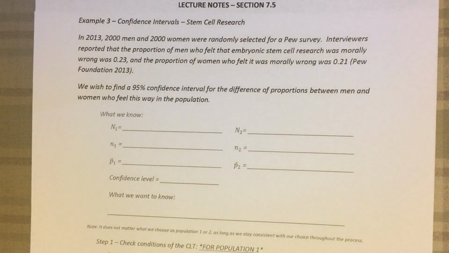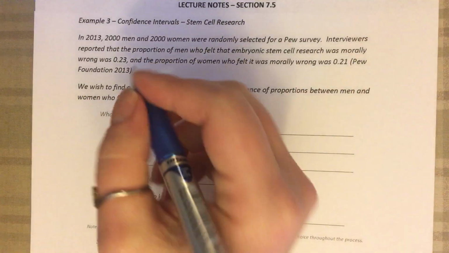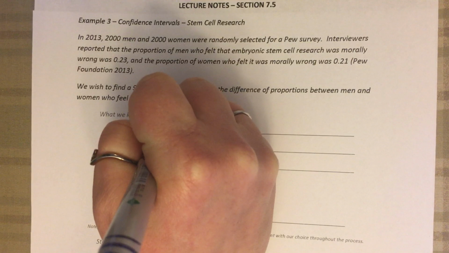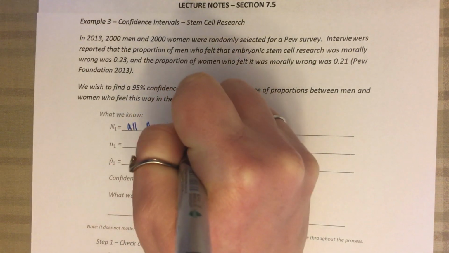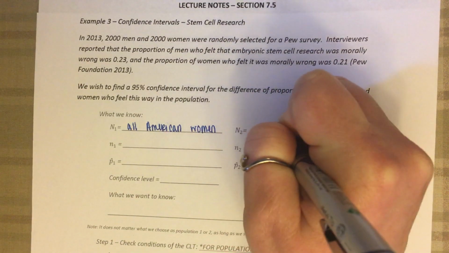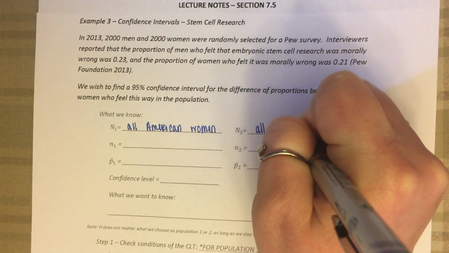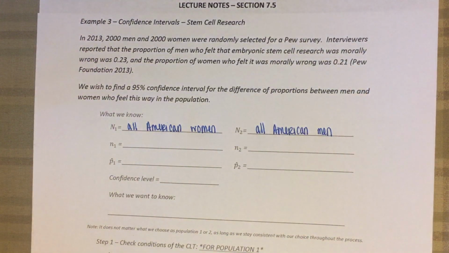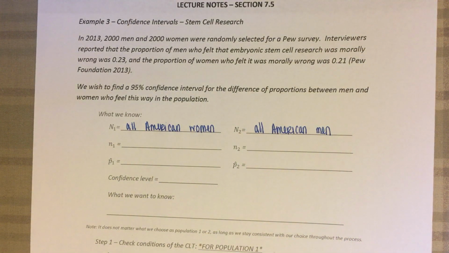So we're going to pick something for our two populations. And it doesn't matter which one we pick as long as we stay consistent through the process. So I'm going to let population 1 be all American women, and let population 2 be all American men. It doesn't matter which one we pick as 1 or 2, as long as we make note of it and keep it consistent throughout our entire problem.